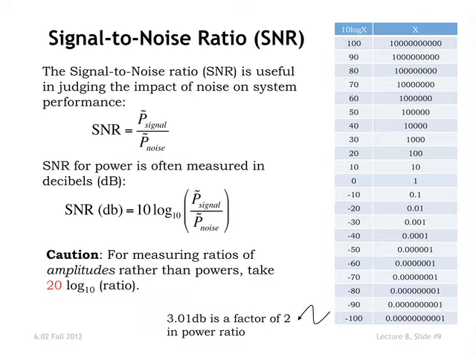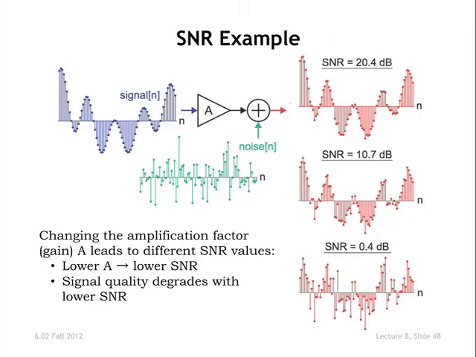So let's go back to what I showed you on the previous slide. Here, for instance, is an SNR of 0.4 dB. If I figure that that's close to 0 dB, then I should expect that the noise power and signal power are about equal, and the noise amplitude and signal amplitude are about equal.